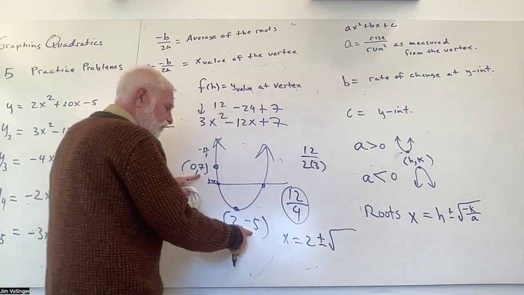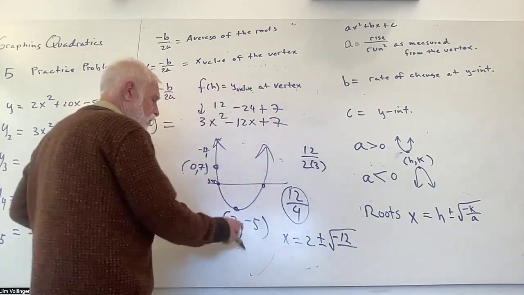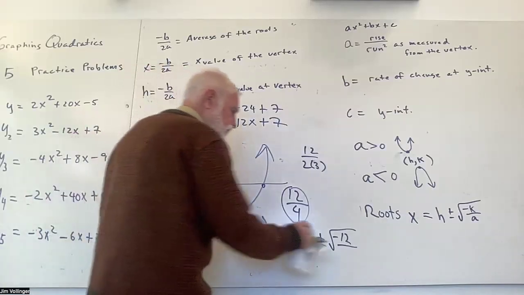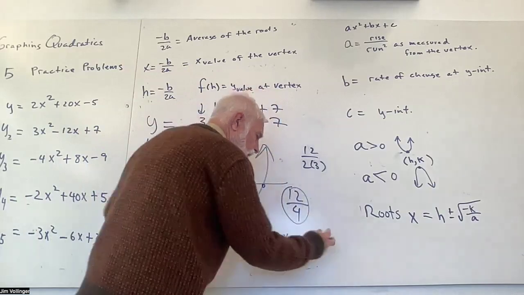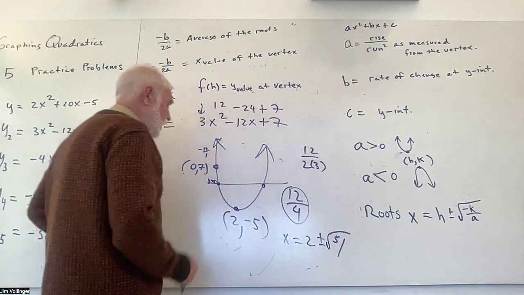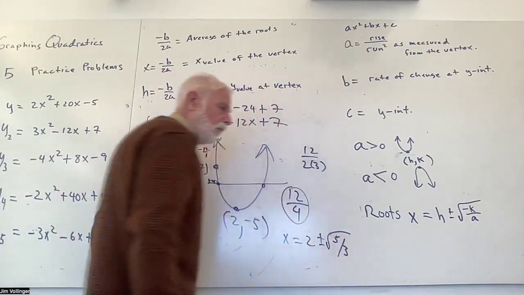The opposite of the change is 12, so negative 12 divided by, oh no, it was negative 5, excuse me. Been at this a while, so it's the opposite of k, so positive 5 over the a term, which was 3. There we go. Took me a little while.